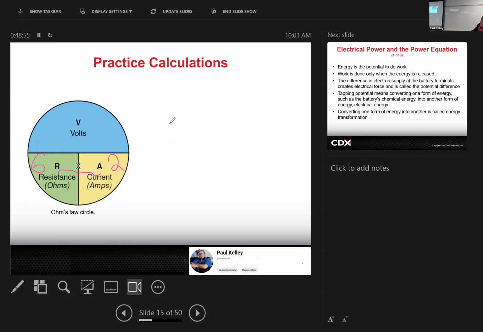It's R times A, right? You guys understand how we got that formula? We got that formula because we covered up the V. So we cover up the V, and you're looking at R times A. The R is 6. The A is 2, which means the answer is 12. Make sense? So it's a 12-volt system.